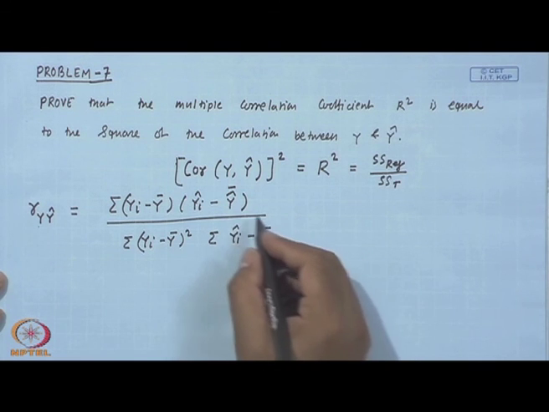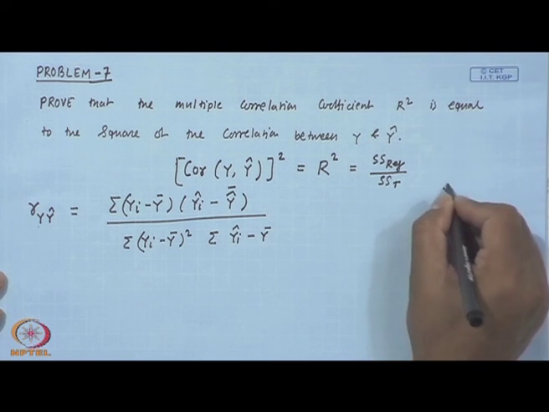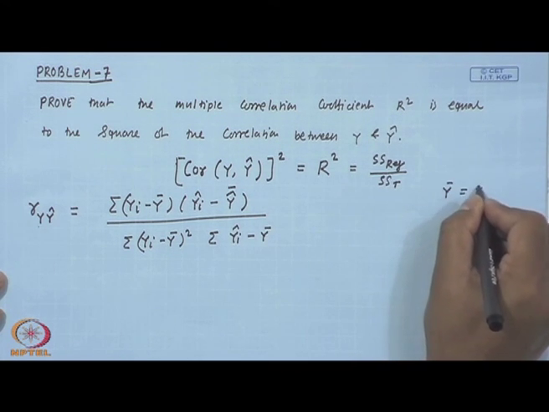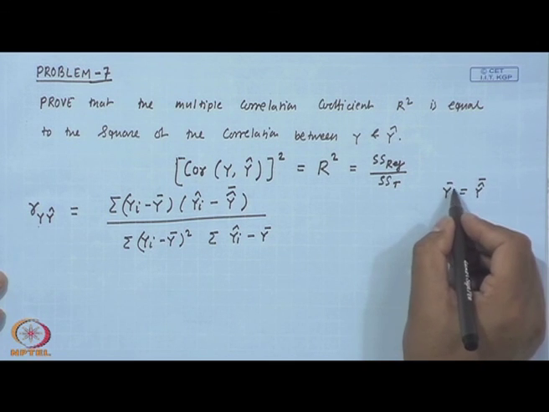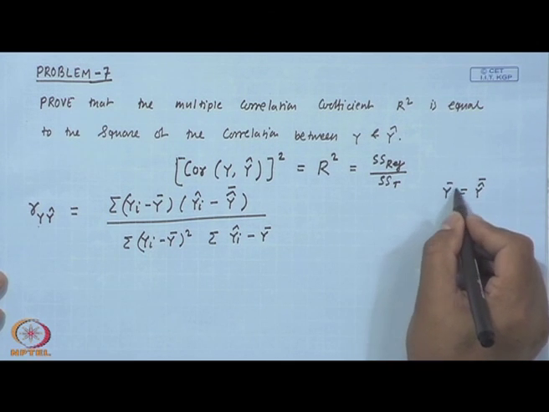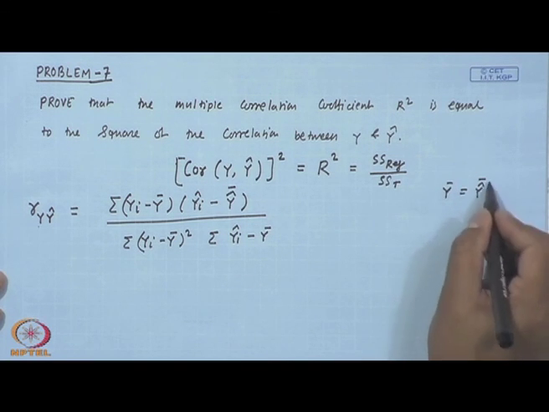Yes, I hope you understand that y bar is equal to y hat bar. This is the mean of the observed values, and this is the mean of the estimated values.